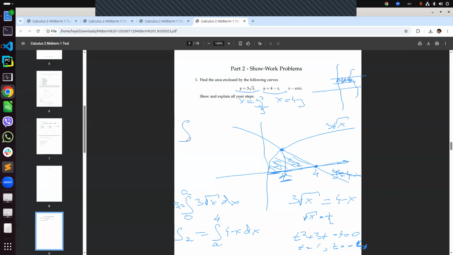At point 1 we have y equal to 3, so we integrate from 0 to 3 of our line 4 minus y minus this curve, y squared over 9, dy. And here we have only one integral. Okay, but I'm not sure that this is better than just calculating within x.